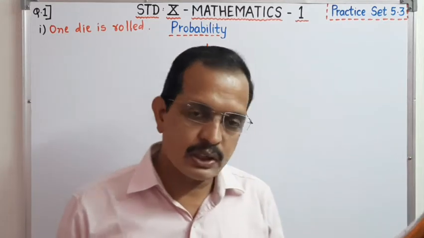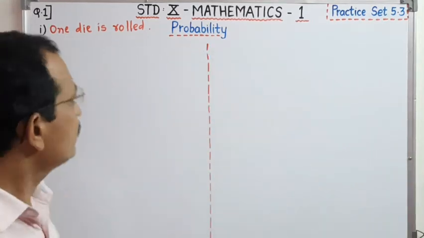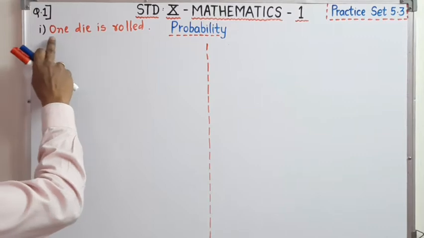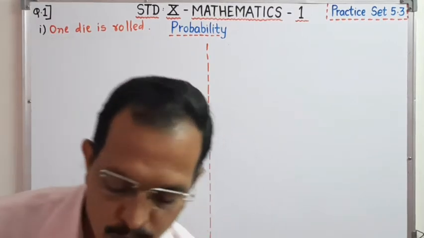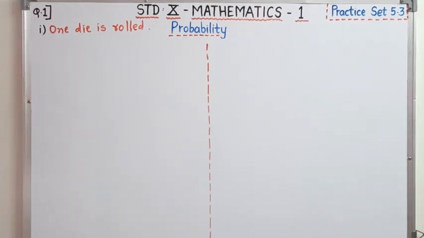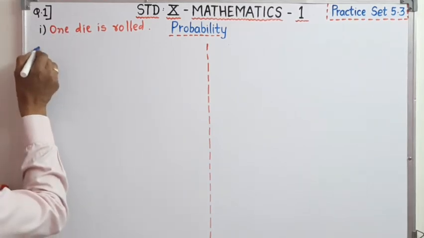The first experiment is one die is rolled. For this, first of all we have to write the sample space. Now dear student, all of you know the sample space.